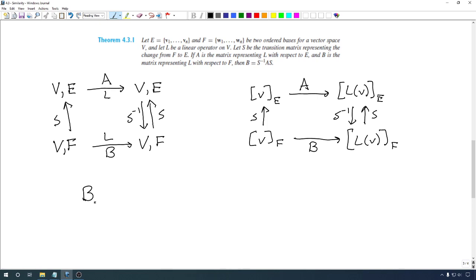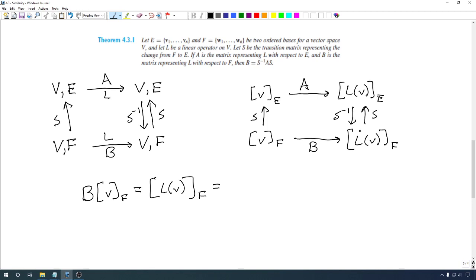Actually, I'm going to start with B times the coordinate vector of v in F, which is just the coordinate vector of L of v in F. I wrote that in the opposite order of what we normally would, but I want to work with this side first. What is this?